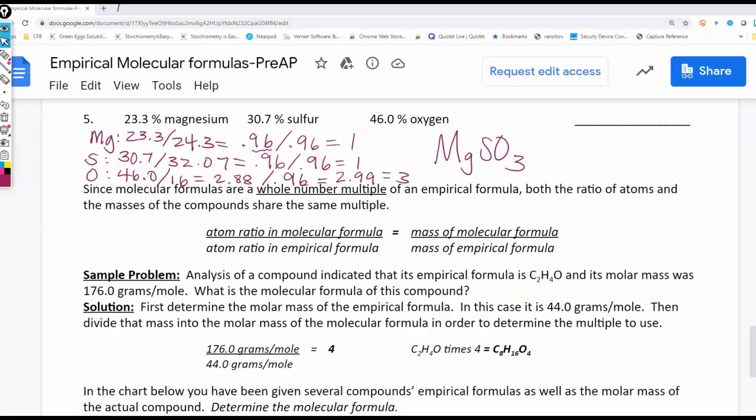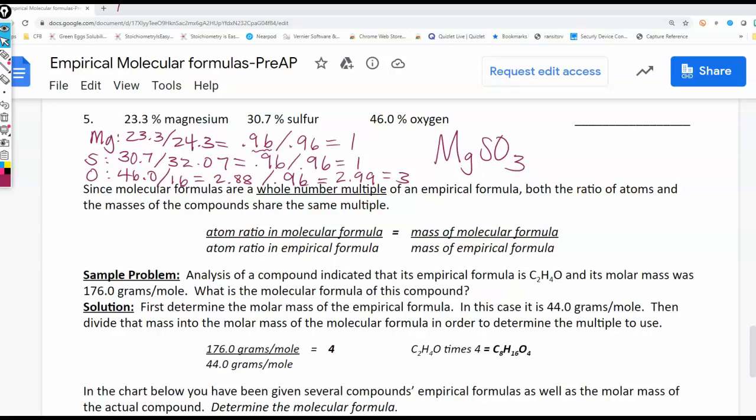All right, so our next part is recognizing that molecular formulas are really just a whole number multiple of an empirical formula. And so that way, if we can recognize that they're really just different by a certain multiple, then we can use their molar masses, empirical molar mass versus molecular molar mass, to determine what that factor is.